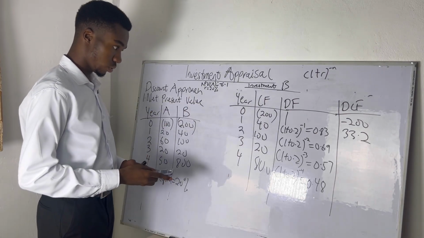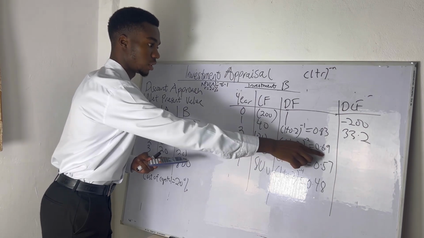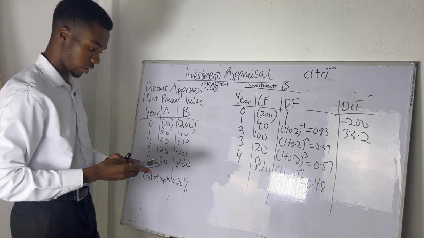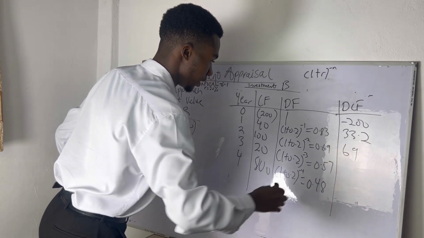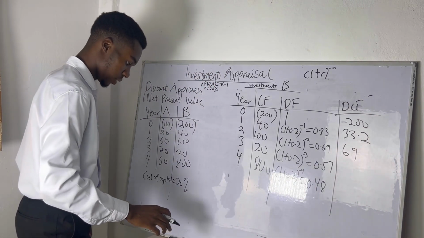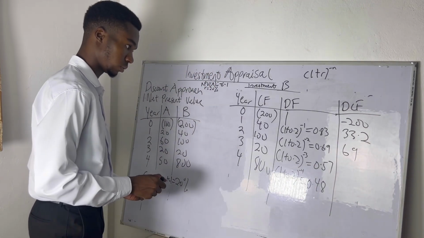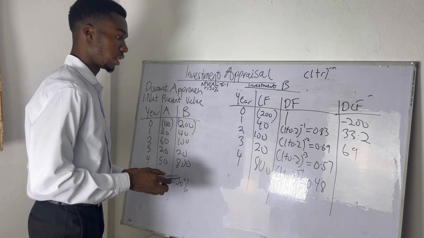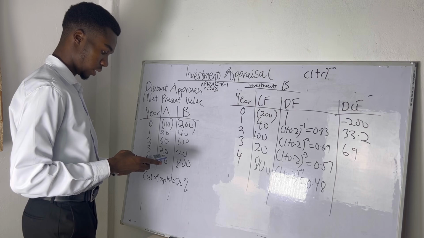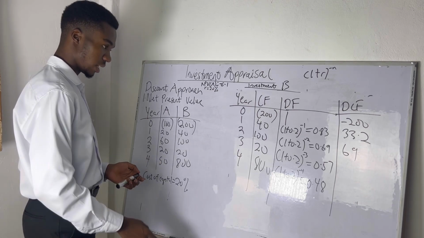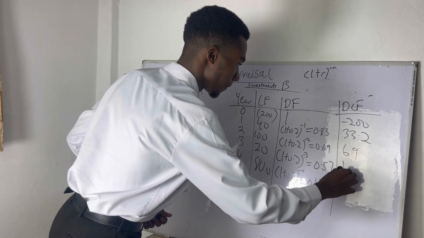Then year two, 100 times the 0.69, which is the discount factor. You are getting 69. Then year three, we have 20 times 0.57. So 20 times 0.57, you are getting 11.4.